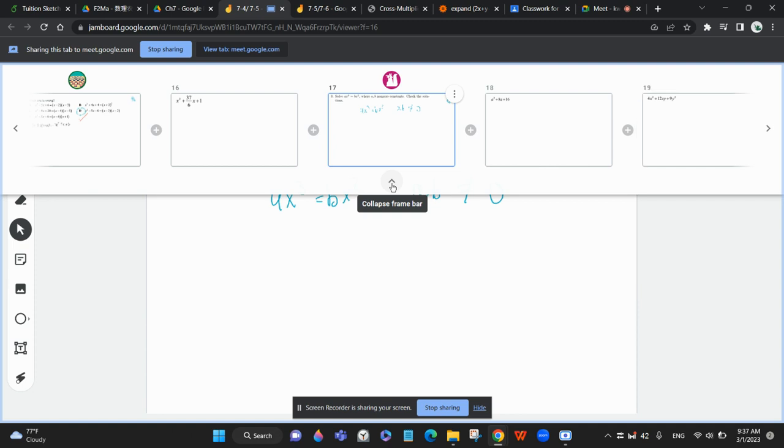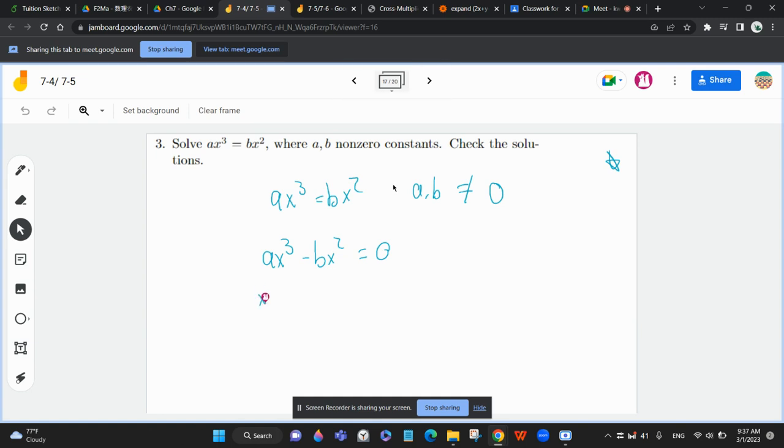Okay, so yeah, and you continue on question 17. Yeah, and then to solve it you need to write out the solution.